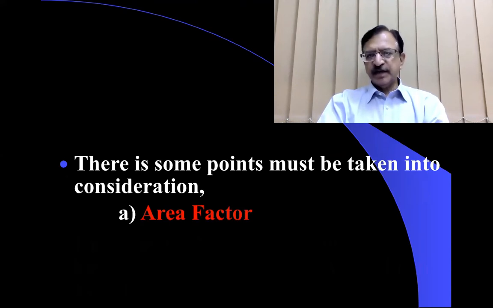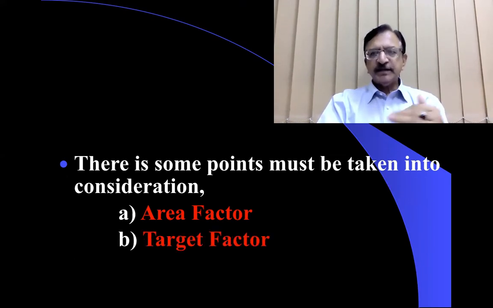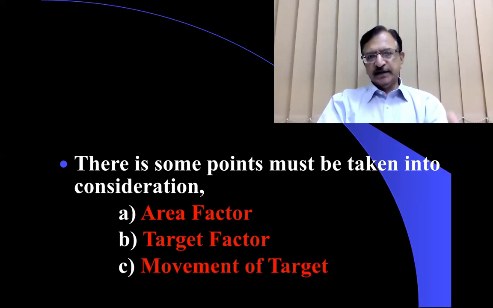There is an area factor, which means the area at which the weapon is going to strike. Then the target area, and the role of movement of the target. So these points should be kept in consideration when we explain a wound.